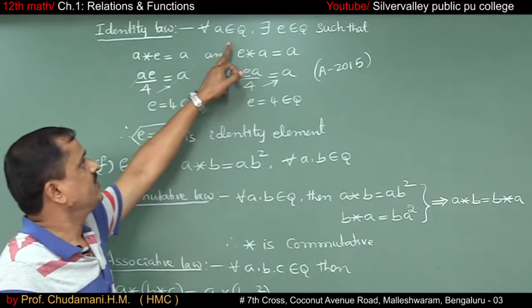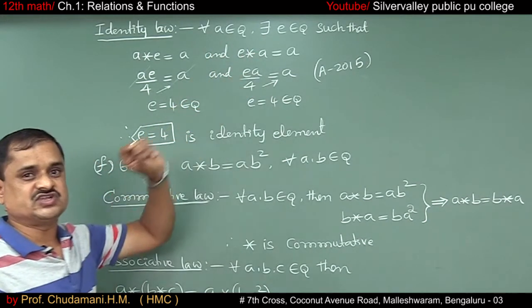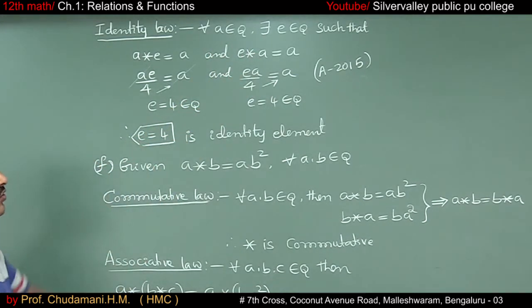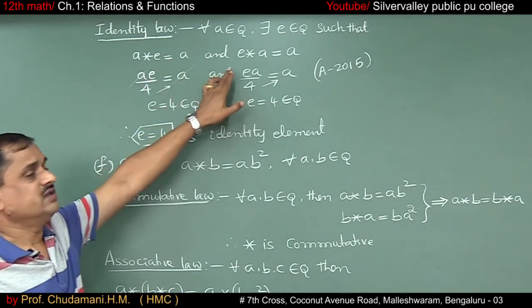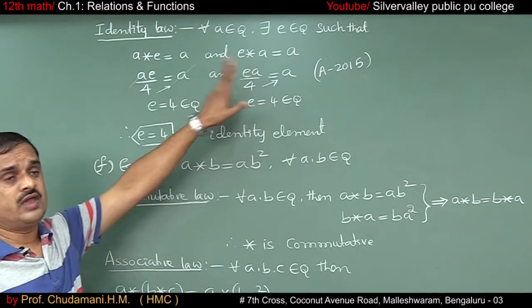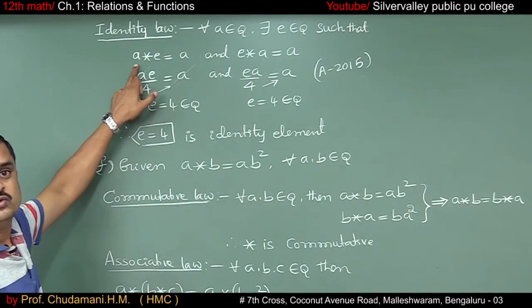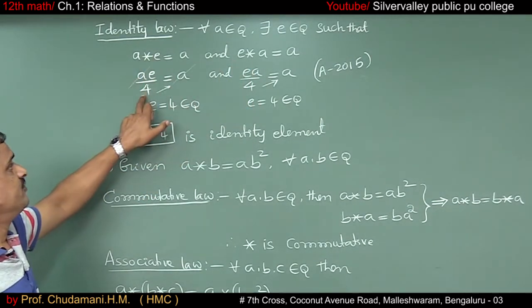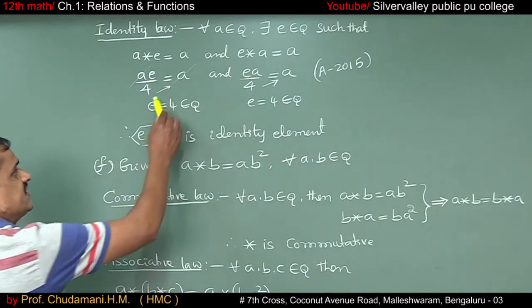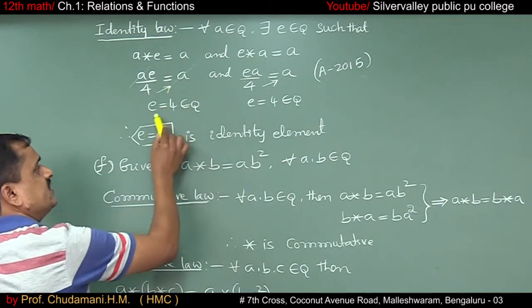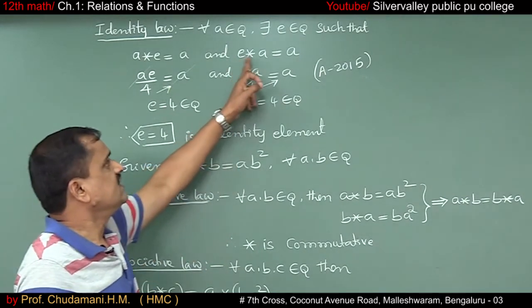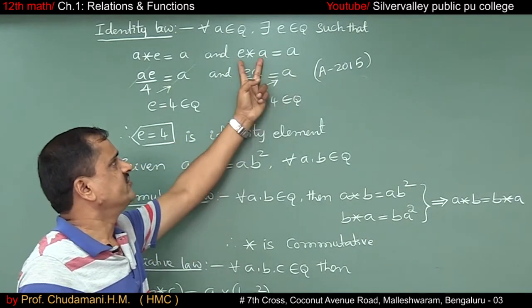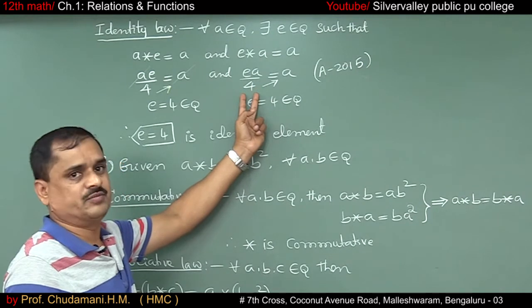Identity law. For all A belonging to the set Q, there exists E also belonging to the set Q, such that A star E equals A and E star A is equal to A. So, AE divided by 4 is equal to A. A gets cancelled, cross multiply, E is equal to 4. E is an element of Q. E star A equals A means E into A divided by 4.